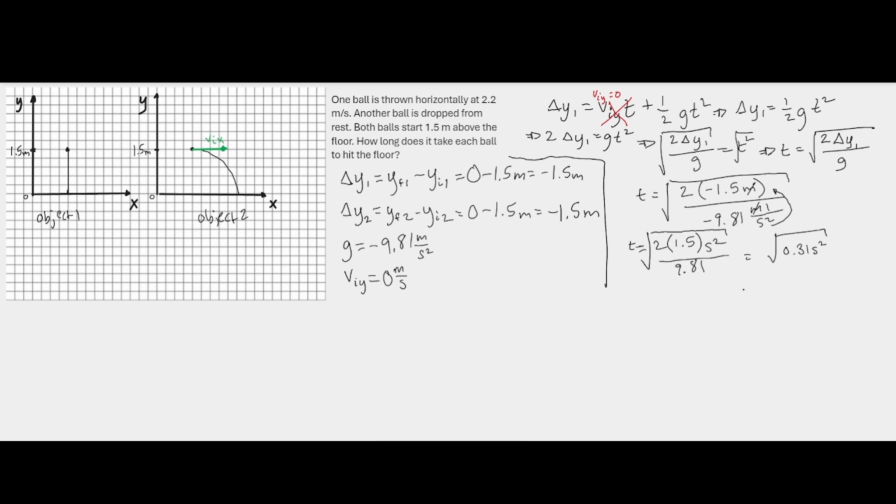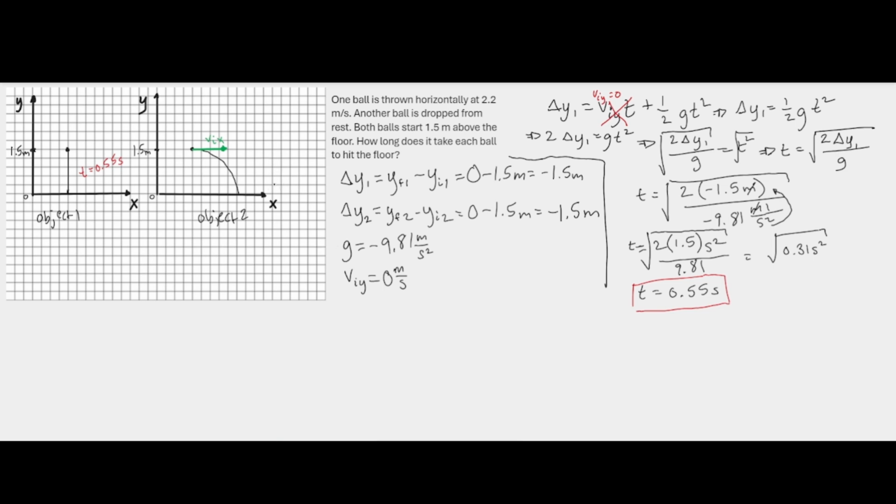So t is equal to 0.55, and the square root of seconds squared is just seconds. So I have now solved for t. The time that it takes this ball, object 1, to fall is t equals 0.55 seconds.